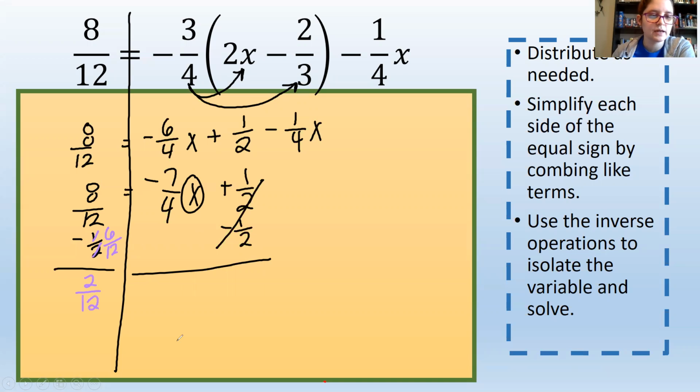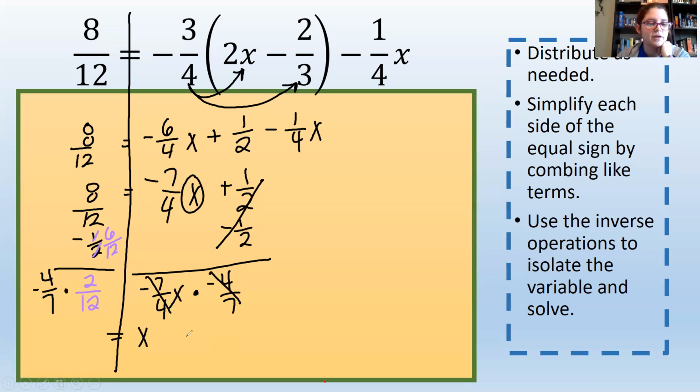And on the other side, I'm just left with my -7/4x. We move a fraction by multiplying by the reciprocal. So that would be 4/7. But we remember they take their negatives with them. Okay. So this side would have canceled out. So we're left with x equals.